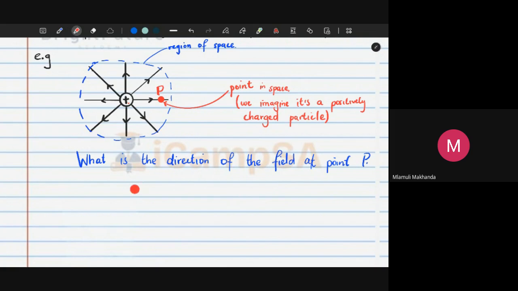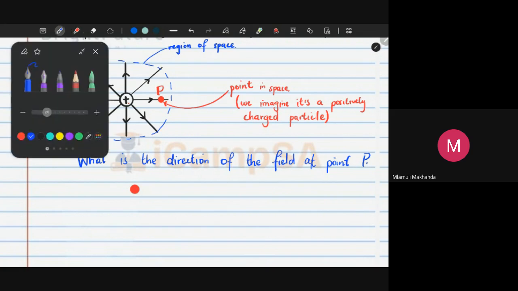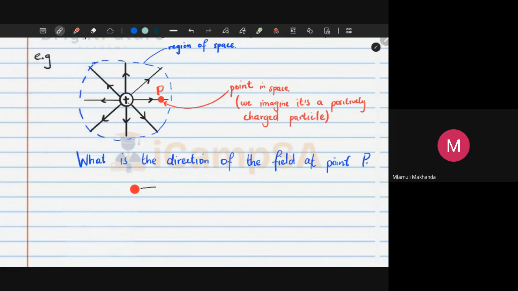We know that point P is positive, and the field is generated from a positively charged sphere. So these are like charges, therefore there will be repulsion.